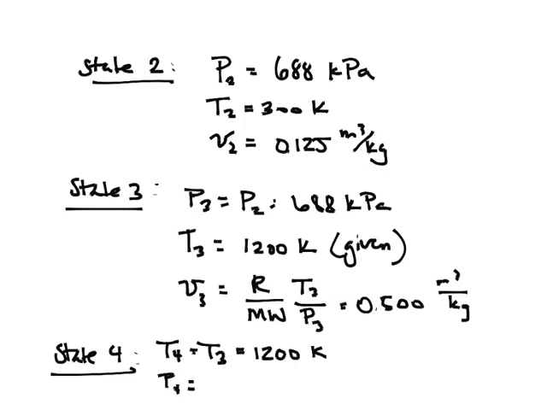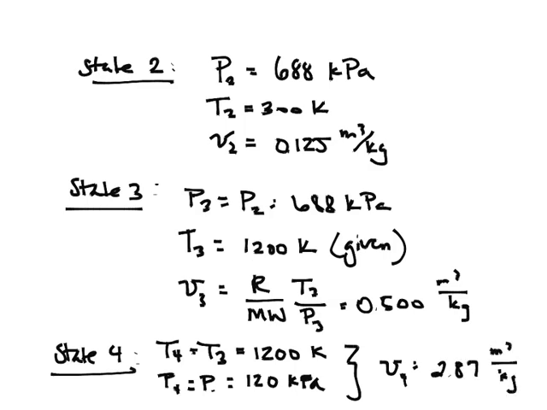We know that P4 equals P1 because it's an isobaric process between the two of them, so we have to get back to our initial pressure, so that's 120 kPa. And then once again, we can use our ideal gas law to find V4, and we find that to be 2.87 meters cubed per kilogram. Okay, so now we have everything that we need in order to evaluate Q3 to 4.